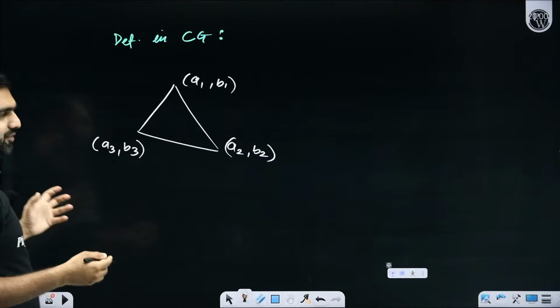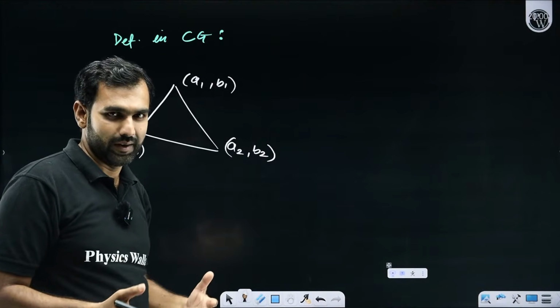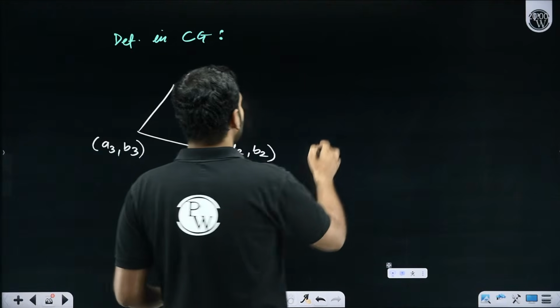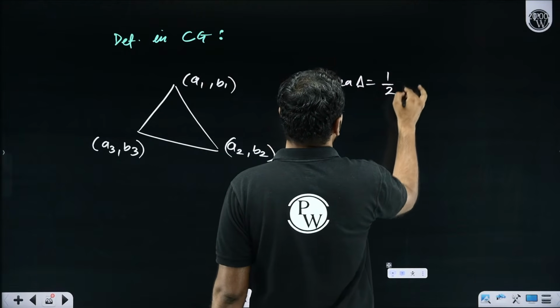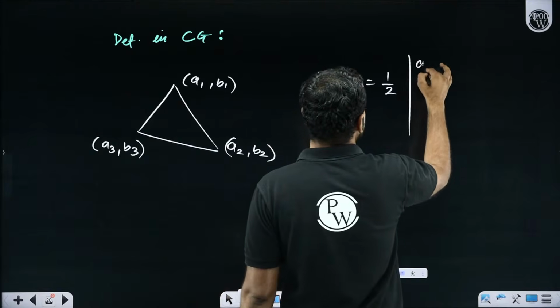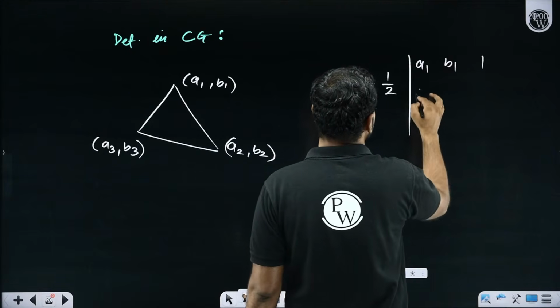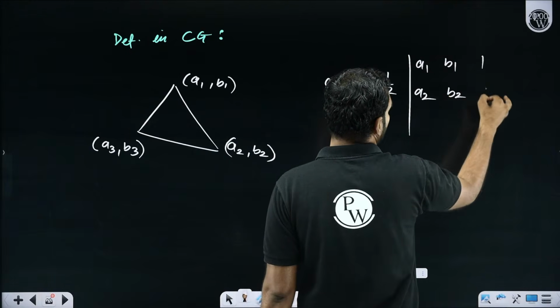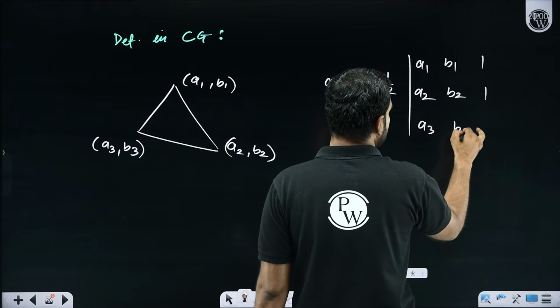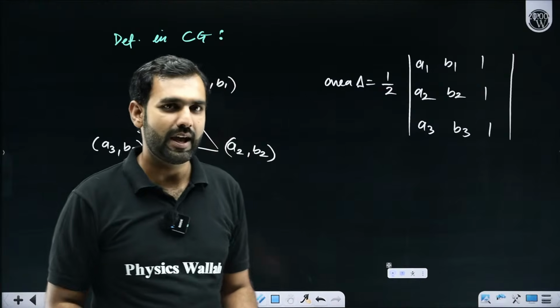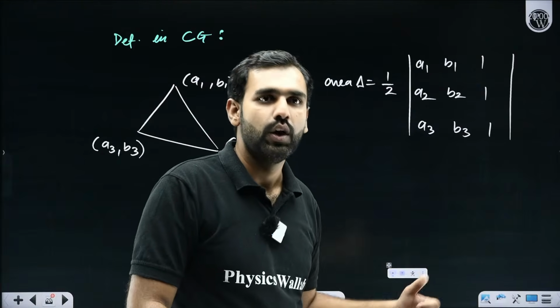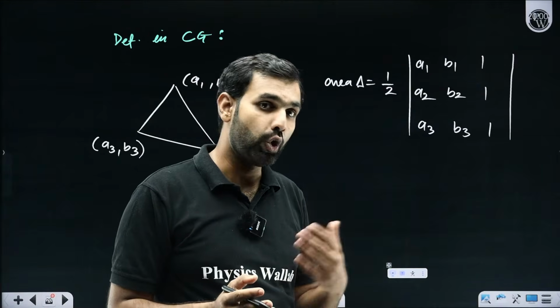If I'm asked to figure out the area of this triangle, in coordinate geometry, you must have learnt that the area of this triangle will be given by half of the determinant of A1, B1, 1, A2, B2, 1, A3, B3, 1. So that's your first application of determinants, which you see getting applied in coordinate geometry.